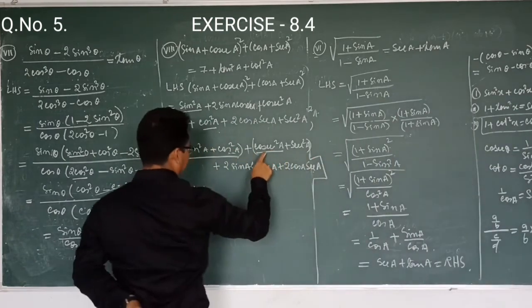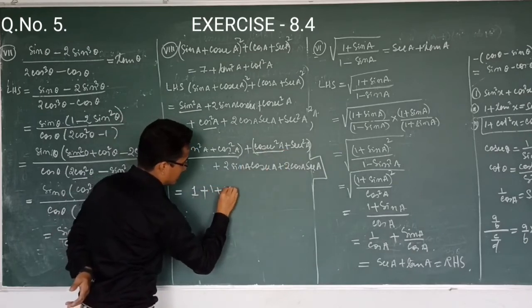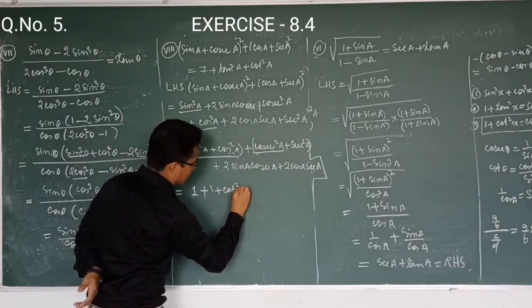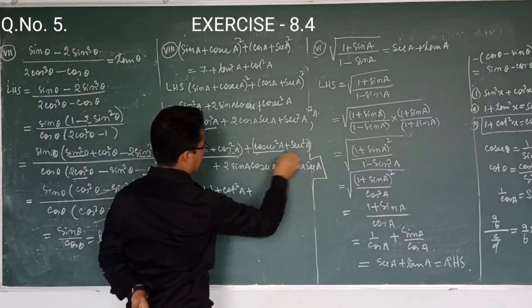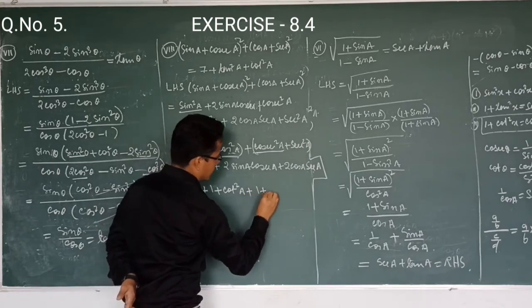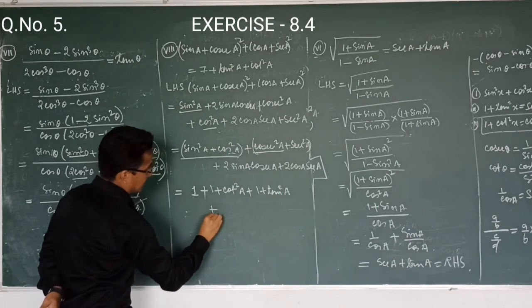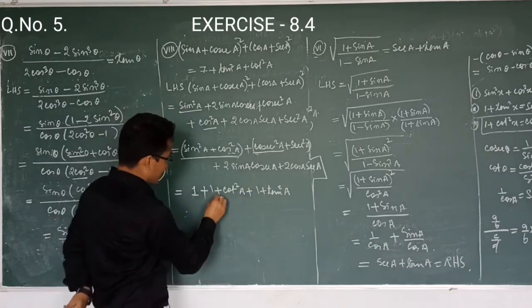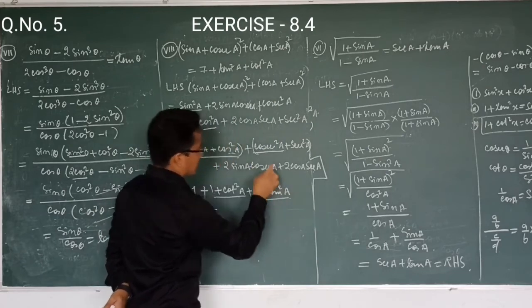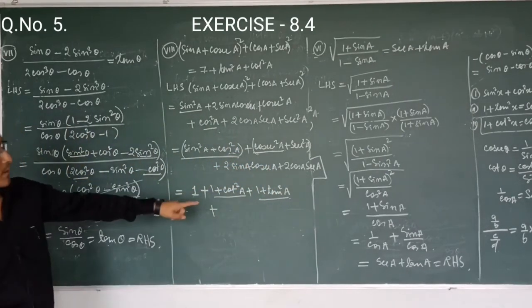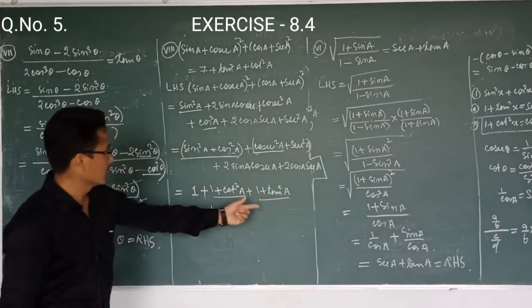So I will write 1 plus cot square A, plus in the place of sec square A I will write 1 plus tan square A. So 1 plus tan means sec square.